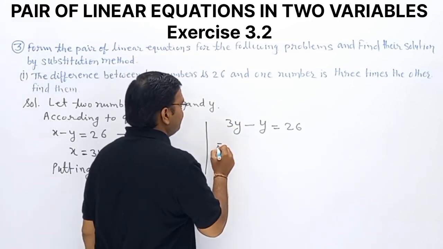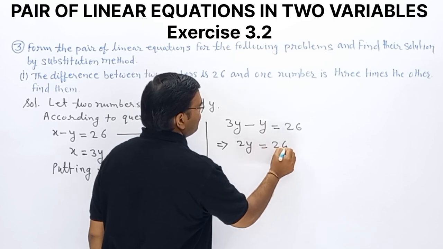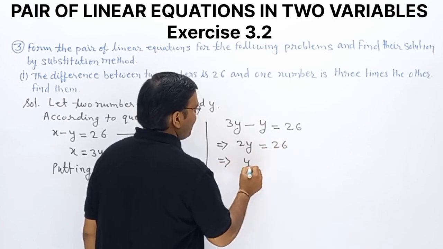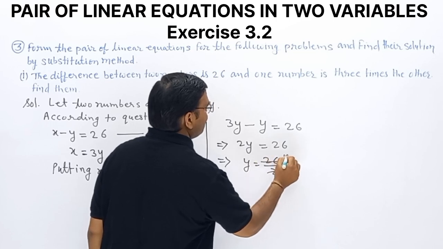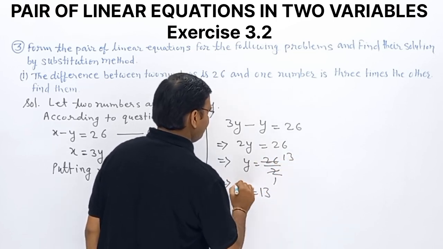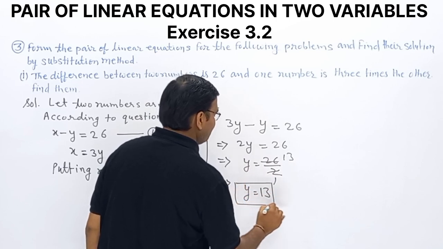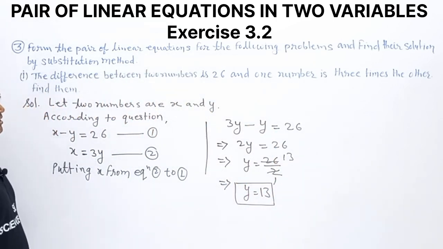Now solve this. 3y minus y is 2y equals 26, so y equals 26 upon 2. Finally, we get y equals 13.